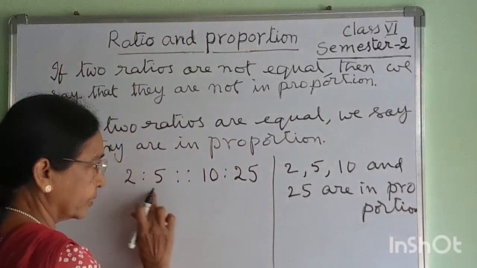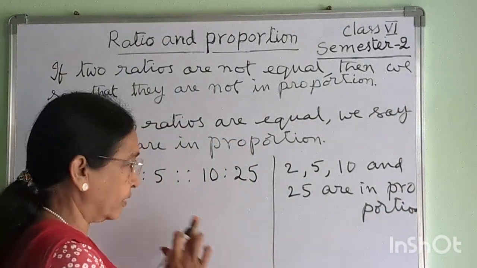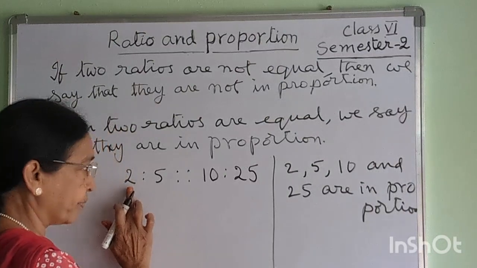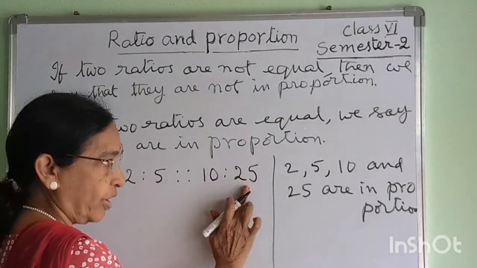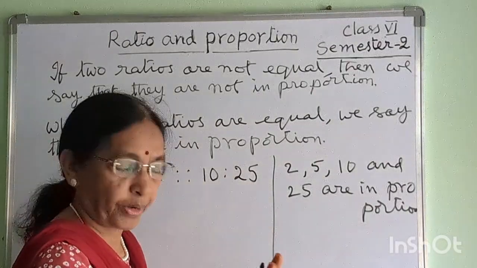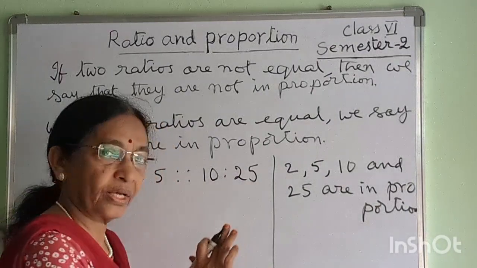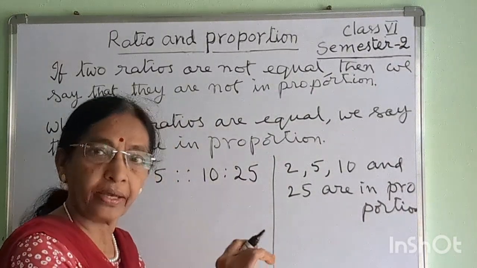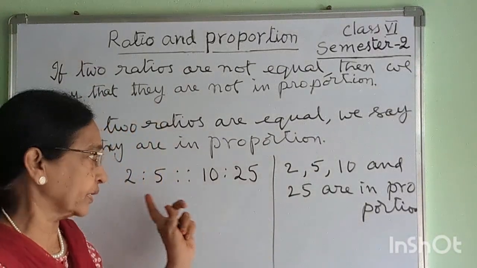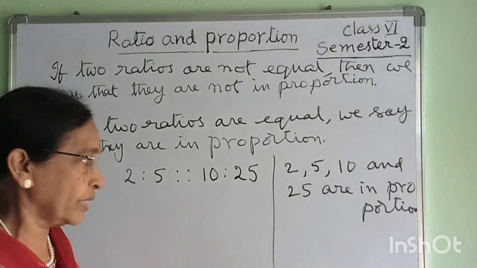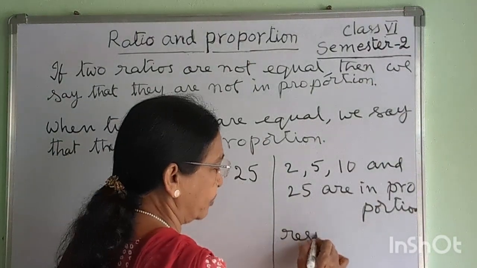So the terms must be taken in order. 2, 5, 10 and 25 are said to be in proportion. These are called respective terms. The terms which are taken in order are called respective terms.